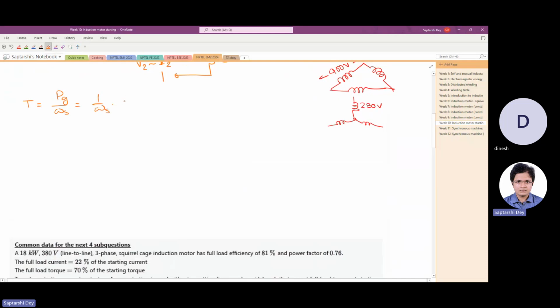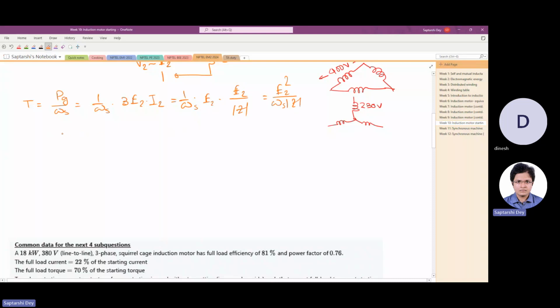Air gap power is 3 times the voltage into current, E2 I2 or V I2, whatever you write. And you keep E2, and I is E2 by mod of Z. So what you get is 3 E2 squared by omega S mod Z.